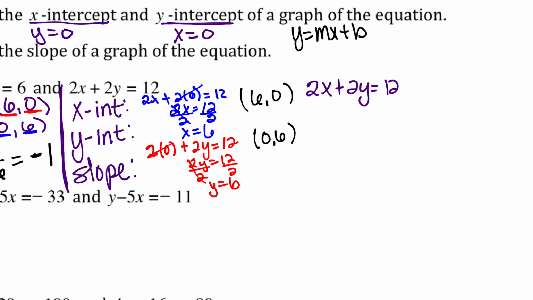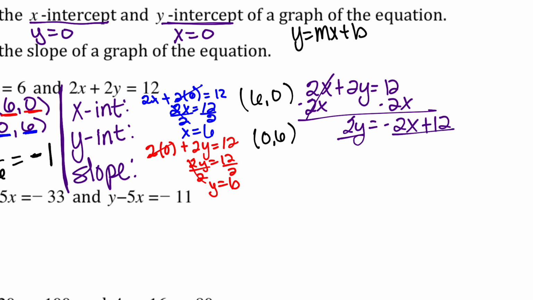Okay, so we're going to subtract our 2x from both sides and get 2y equals negative 2x plus 12. Then we're going to divide by 2 on both sides to get our y by itself. We get negative 2x divided by 2, so we get negative x, plus 12 divided by 2 is 6.